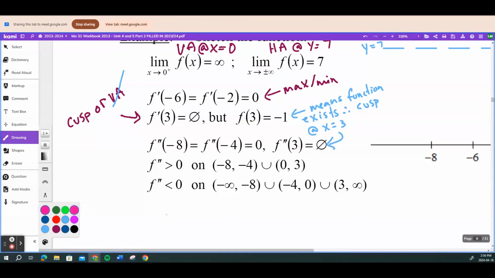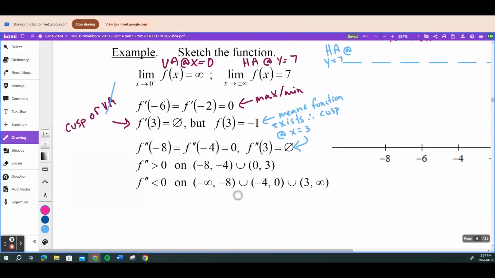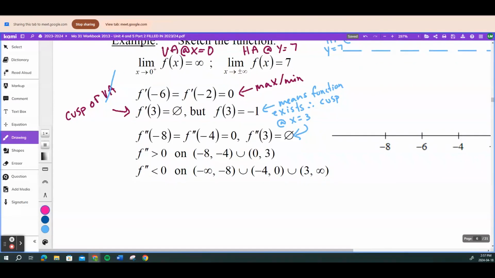For this other part here, so second derivative at -8 and -4 is equal to 0. Okay, so what that means here is that our slope is not changing, essentially. Okay, so those points are going to be important.